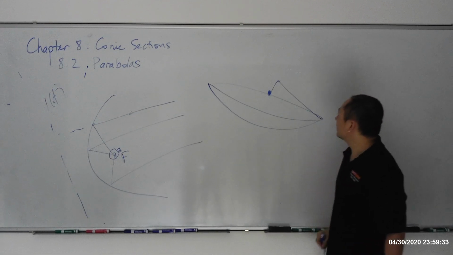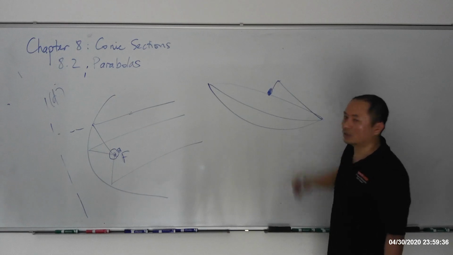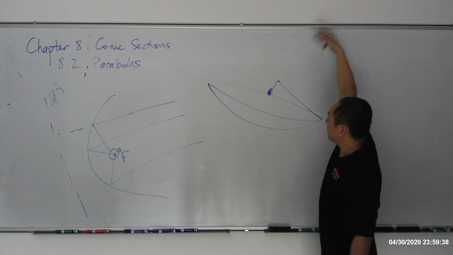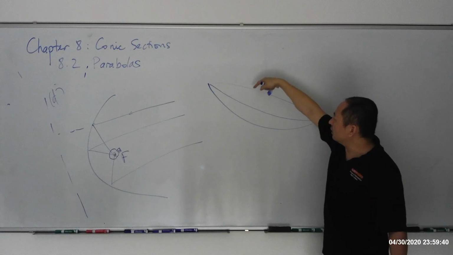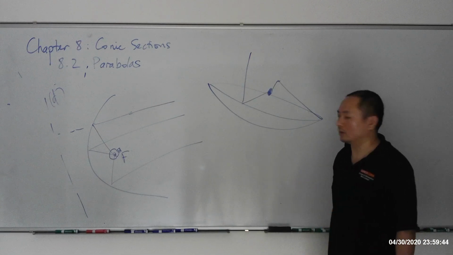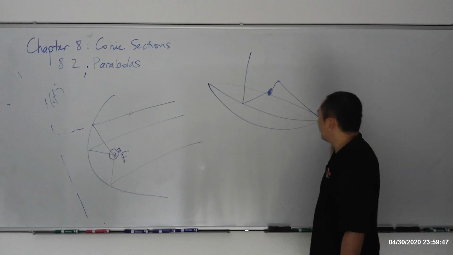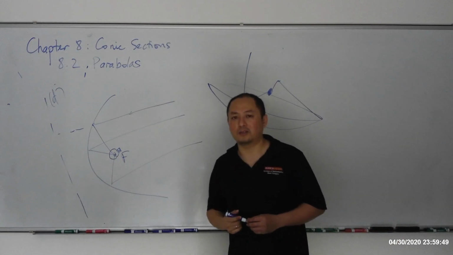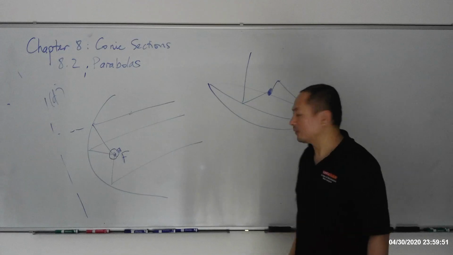This point right here is actually the focus. The satellite up there sends a signal to the dish, and all the signal reflects back right into the focus point, and a cable gets it to your TV, and we have the signal.